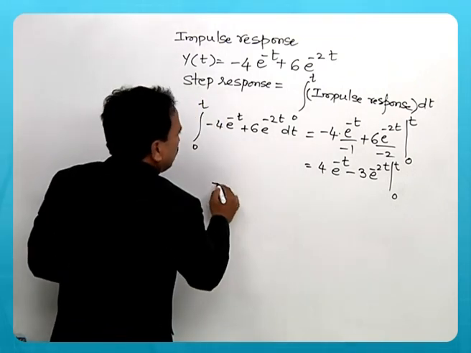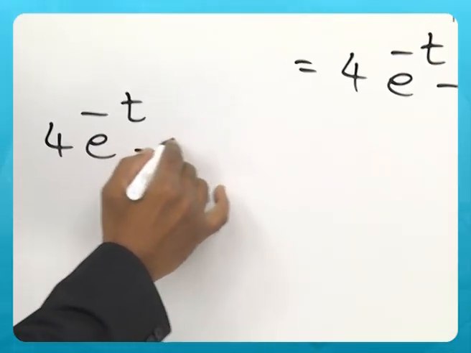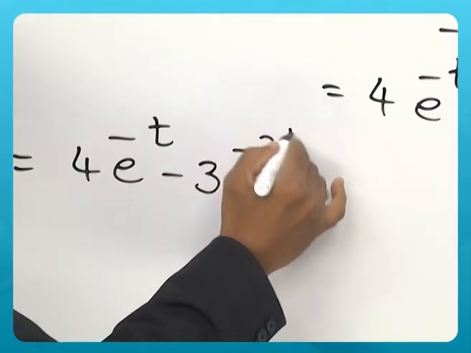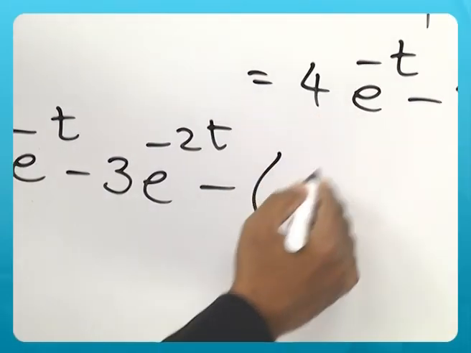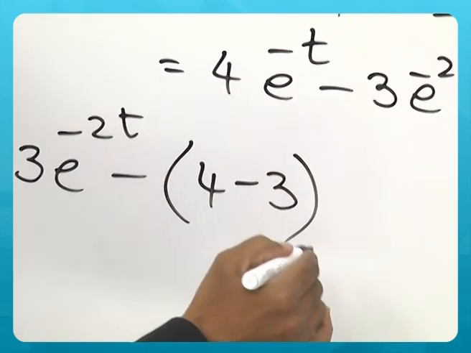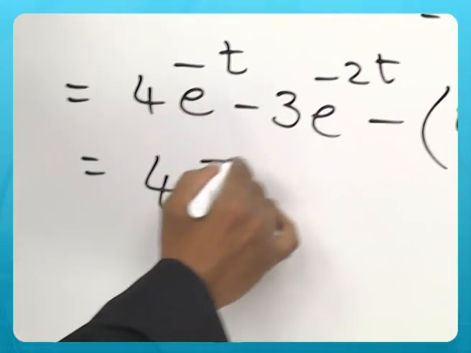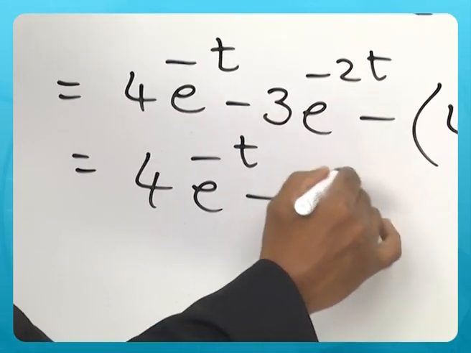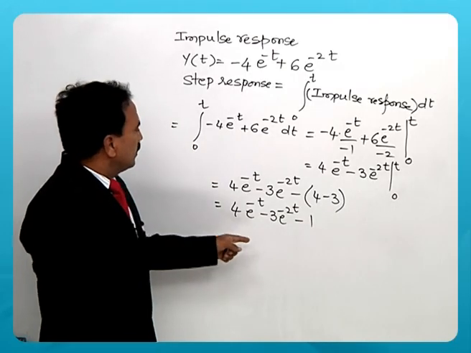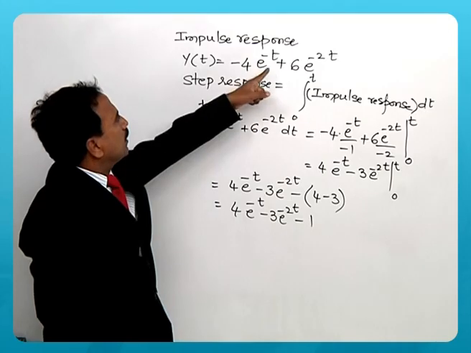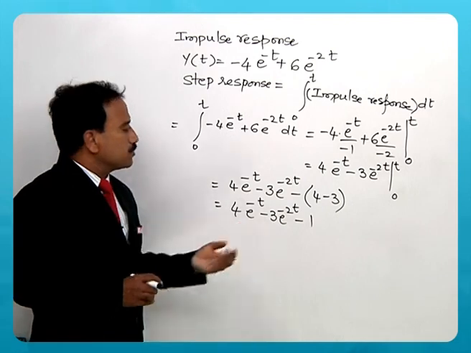Now when you substitute the upper limit, 4 e power minus t minus 3 e power minus 2t, minus the lower limit, at 0, you get 4 minus 3. Now this will become 4 e power minus t minus 3 e power minus 2t minus 1. So this is the step response from the impulse response. So when you integrate, you will get the step response.